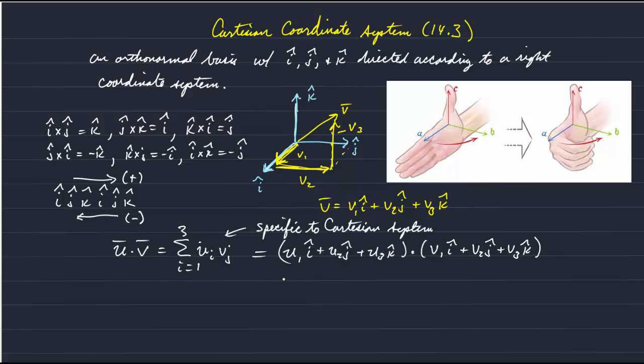We can just follow our normal rules of multiplication and multiply each component of v by each component of u, and we get u1 v1 i hat dotted with i hat plus u1 v2 i hat dotted with j hat. You'll notice in this case we get 0 because the two vectors are orthogonal to each other. Same with the third product.